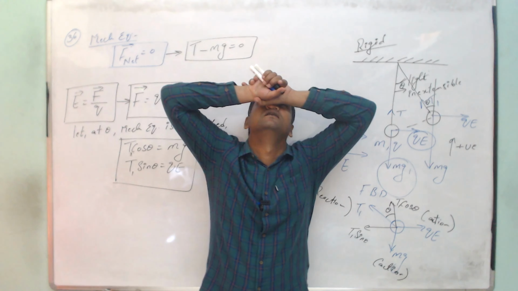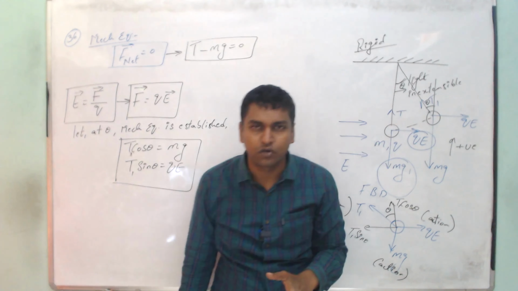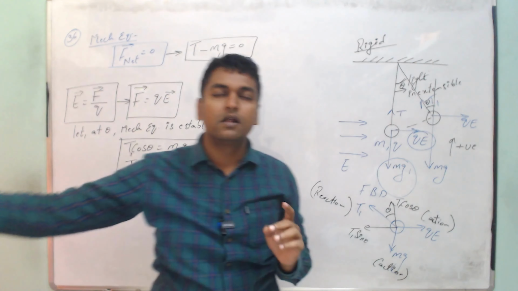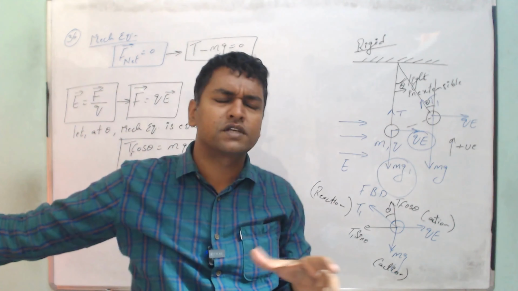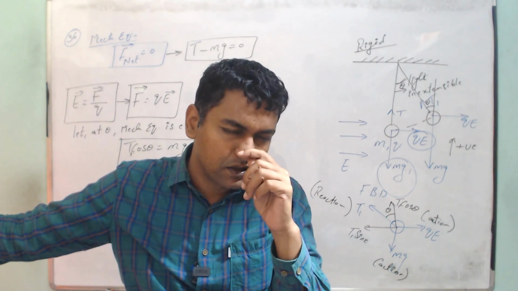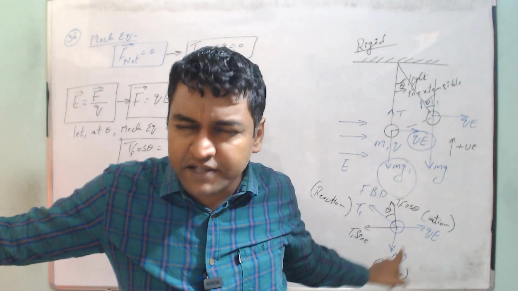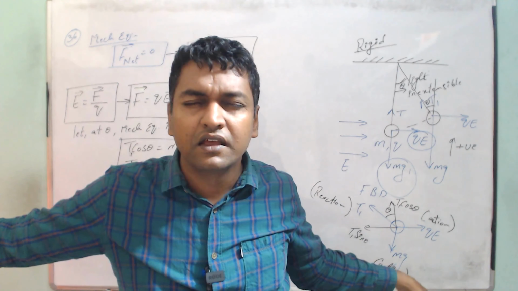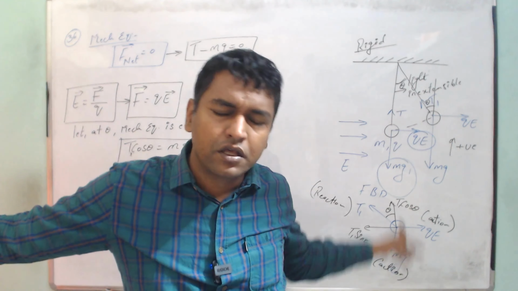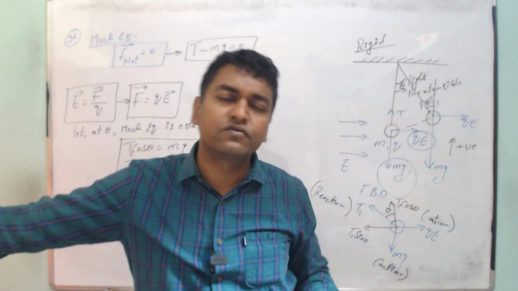Now I will say one more statement and I will dictate it immediately. Okay, look at this a little more carefully. My reaction force generates itself in such a way that at equilibrium position, the components of my reaction force cancel the action forces.